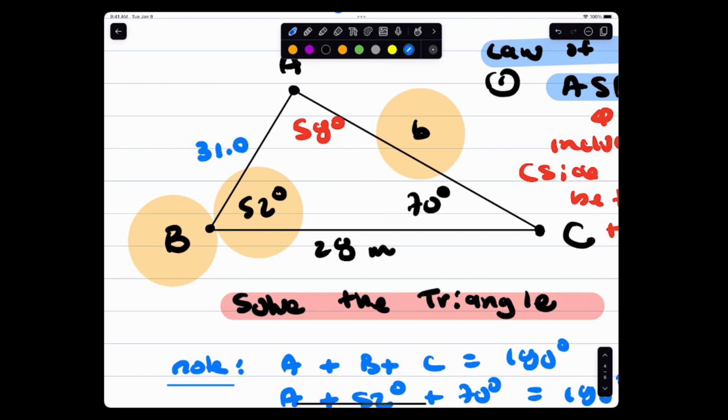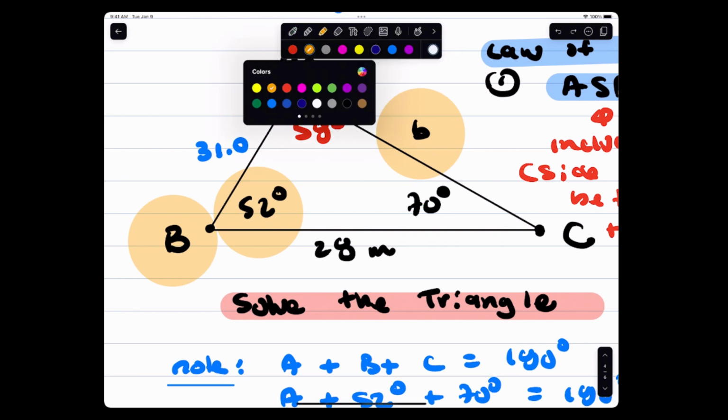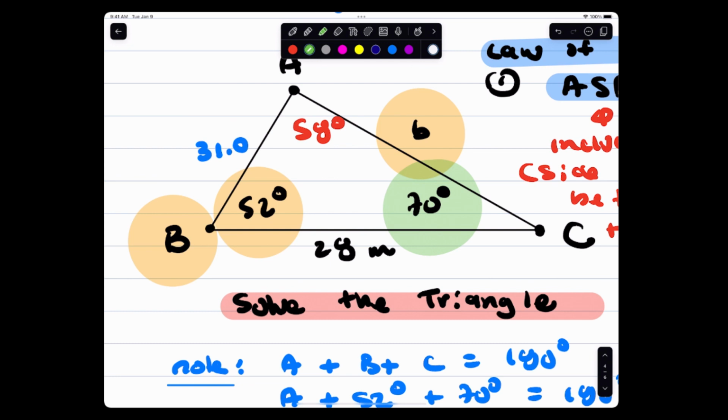So which one do you want to use? You have some choices here. You can use angle 70 degrees and 31, or you can use 58 degrees and what? 28.